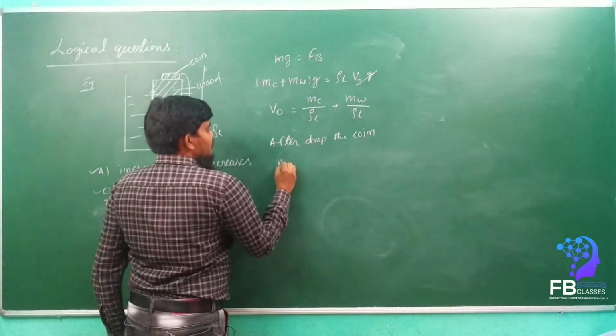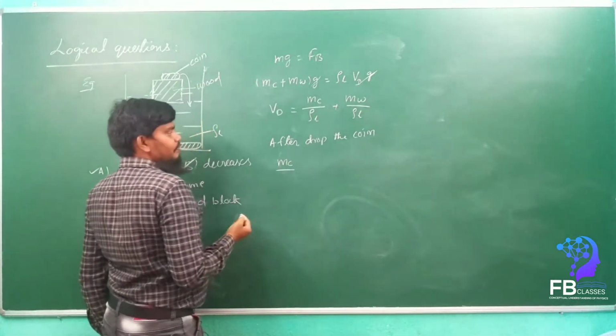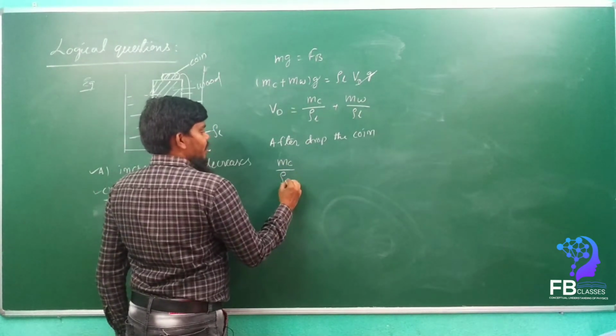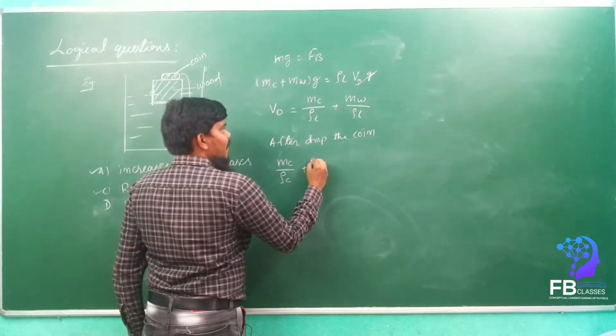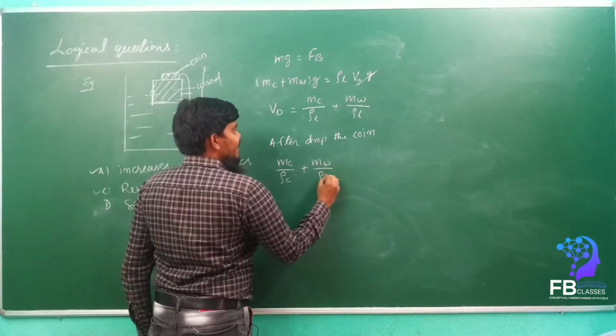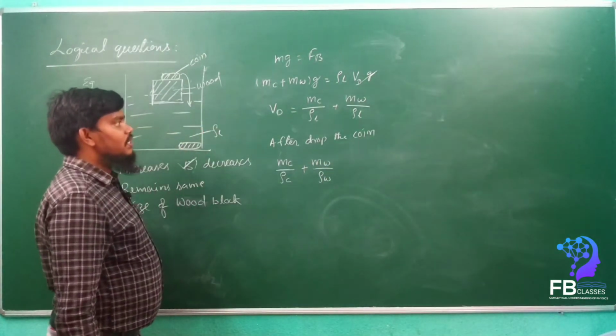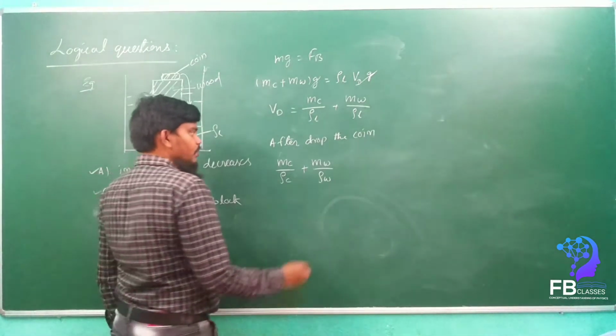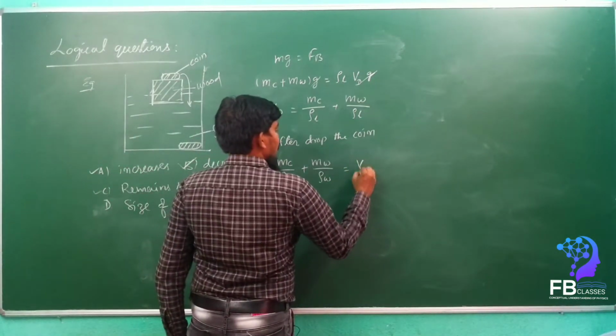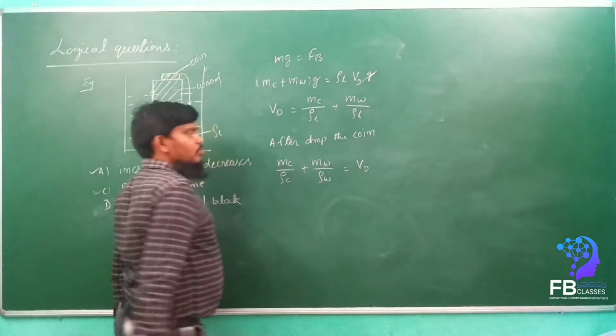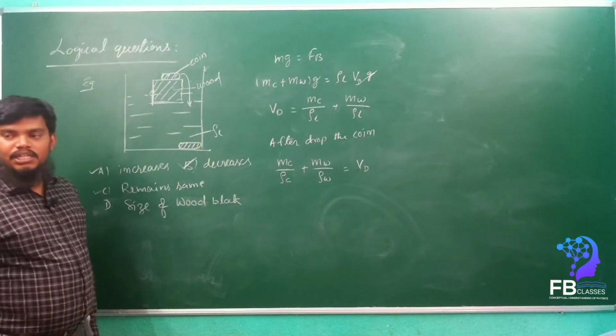So mass of the coin by density of the coin plus mass of the wood by density of the wood, yes or no? That is equal to the total volume displaced. Are you getting my point?